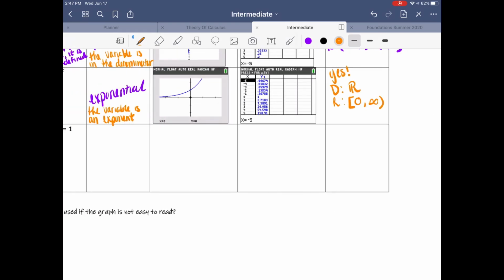So if it had been, just to kind of back up and show you, if a function had been like this, for example, that's a terrible graph, but you get my point. The domain is fair game. Any of these x values correspond.